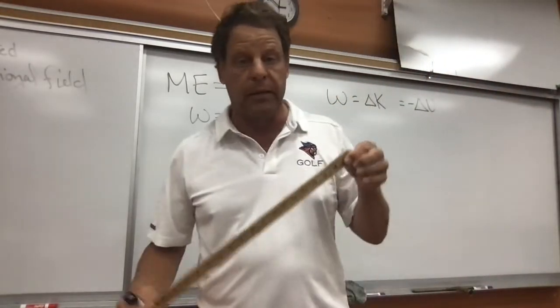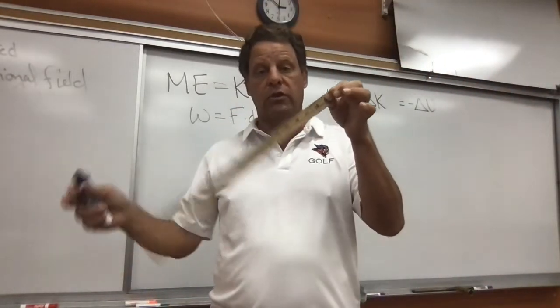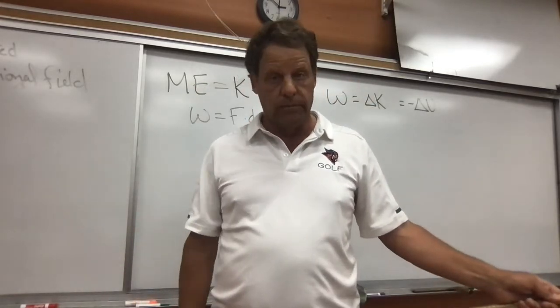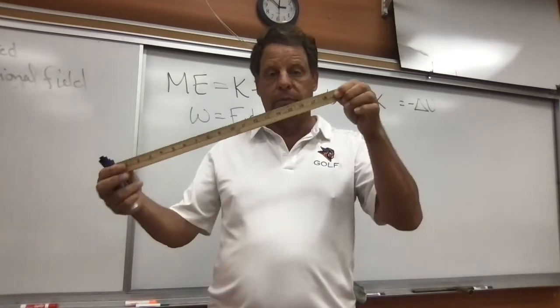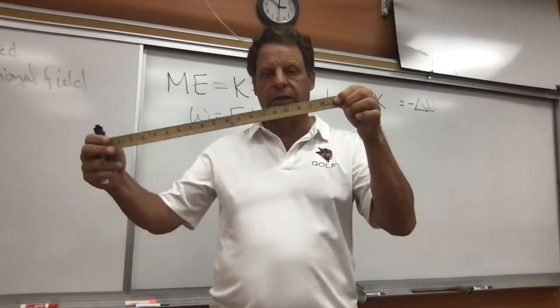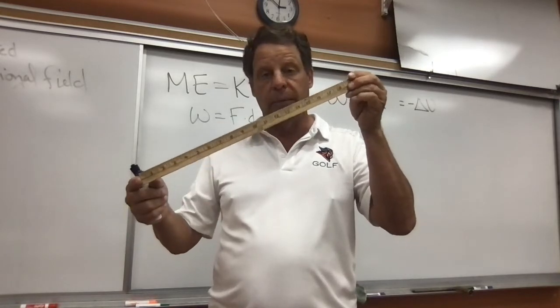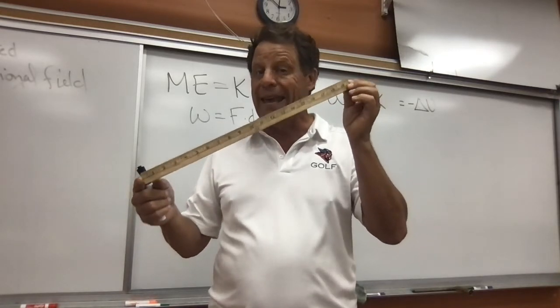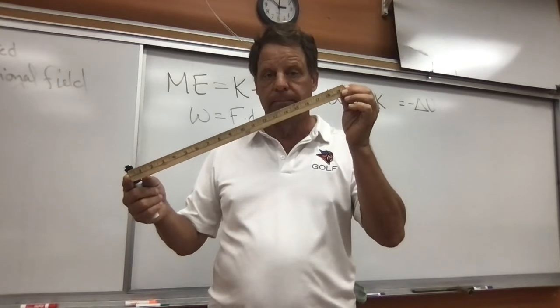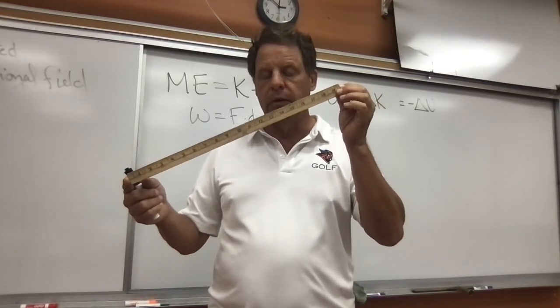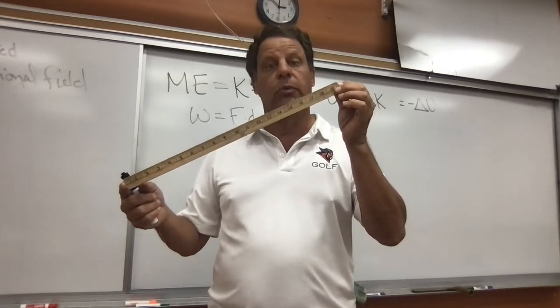If we just think about a pendulum, or a car on a roller coaster, at the highest point, it's going to momentarily stop, which means the kinetic energy is zero, and its gravitational energy, being at the highest point, would be the greatest.